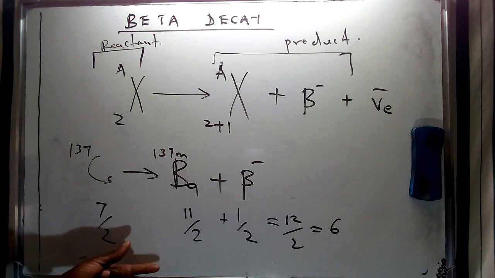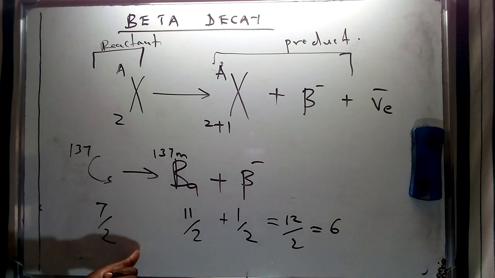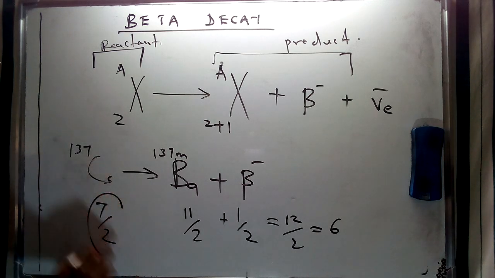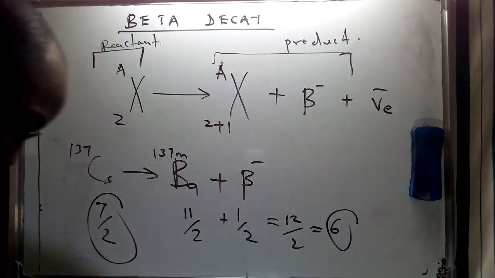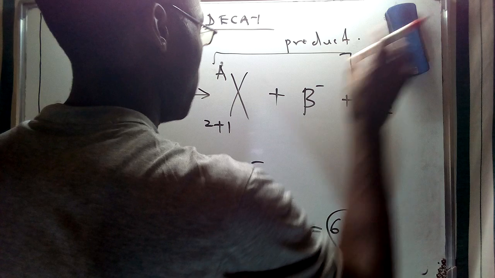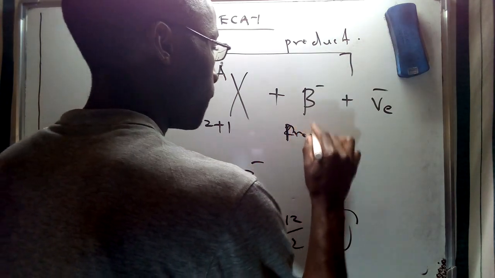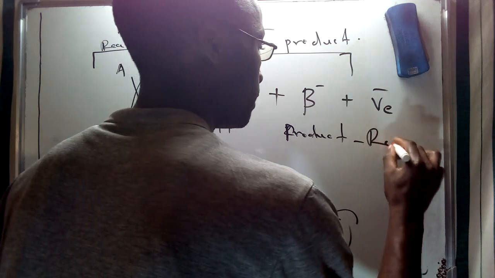There's a specific way we're going to consider this in trying to find the spin of various isotopes as we have mentioned. So this is going to have this specific value for the reactants, and this is going to be the product. Now, if you consider this, we're going to find the difference in the spin, the product minus the reactant.